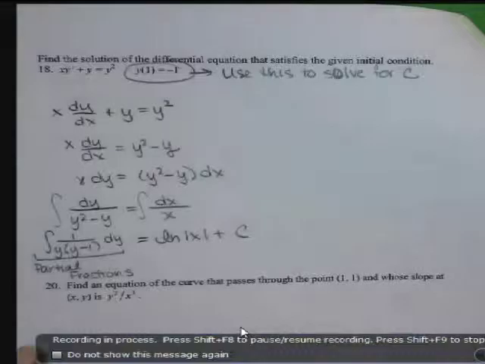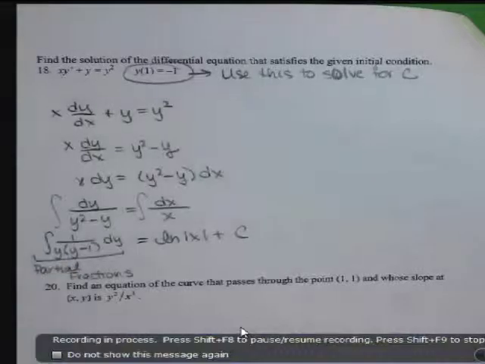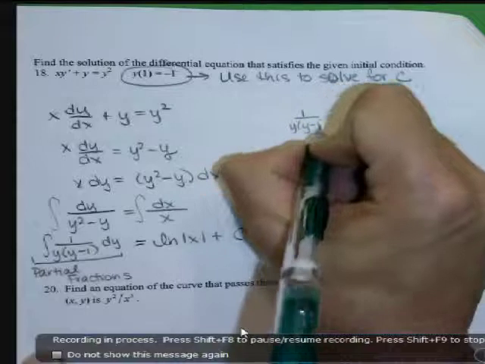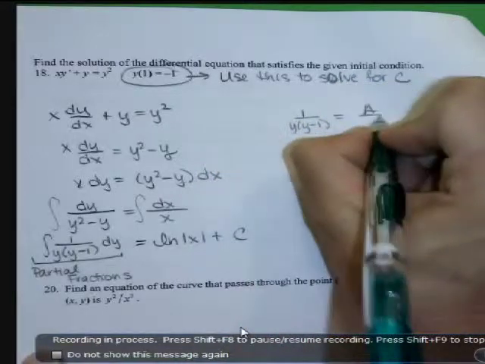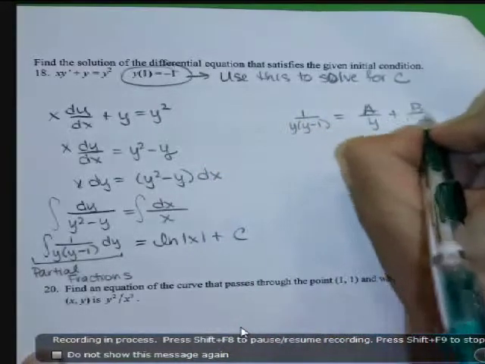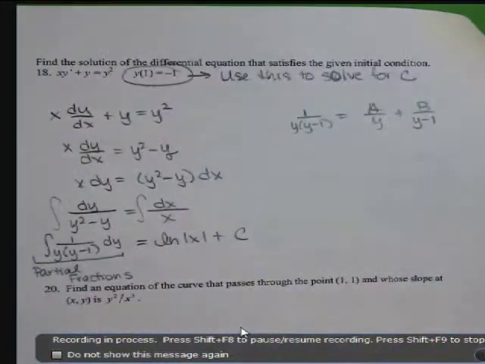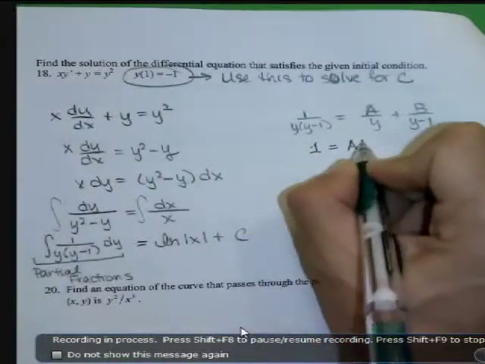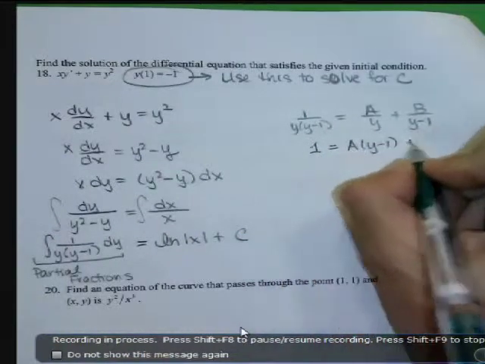So we just have two factors in the denominator, so when we decompose it, there are just two terms in the sum, and they're both linear, just a over y plus b over y minus 1. And then multiply by the LCD, and we get a times y minus 1 plus b times y.